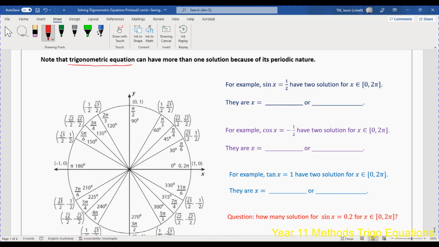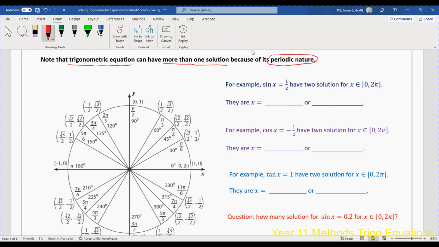To start with, if you can remember, here's one very important idea for trigonometry equations. A trigonometry equation can have more than one solution. Most likely, there must be more than one solution. Why? Because of the periodic nature.